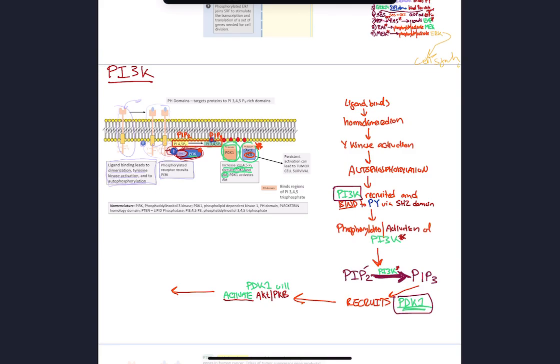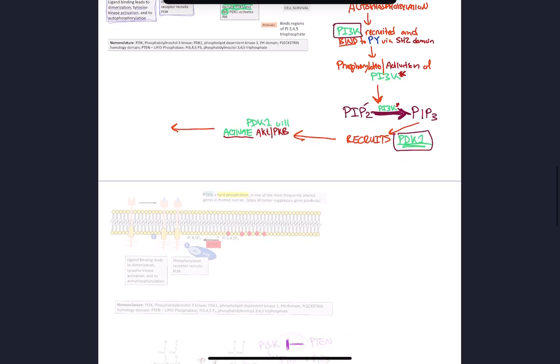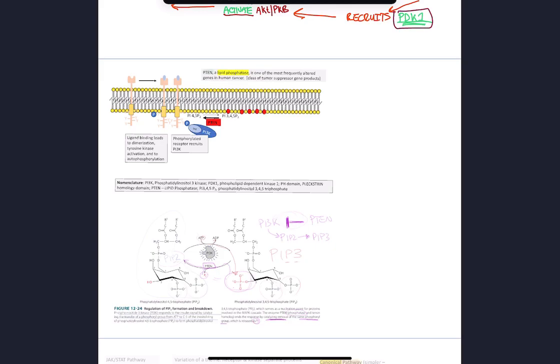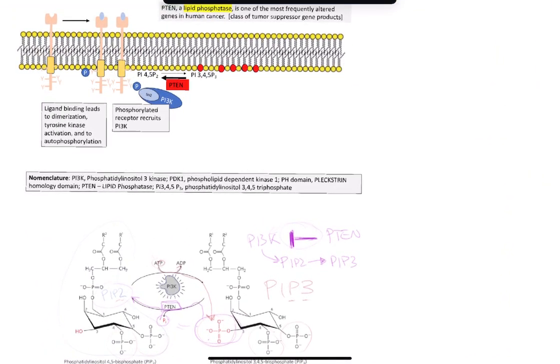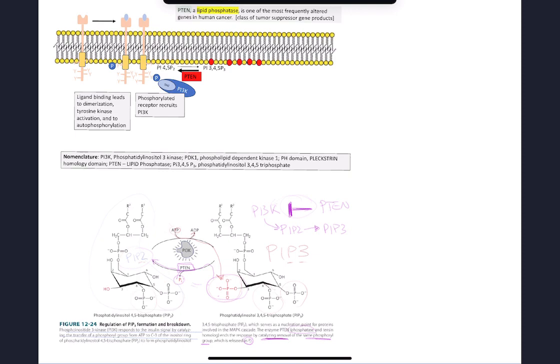Now, guys, very importantly, remember we talked about how there's phosphatases and there's kinases and how they play an important role in the balance of this whole phosphorylation and this whole cascade, right? So when we're talking about our PIPs and that type of pathway, separate from the MAPK ERK pathway, we need a way to turn that off.